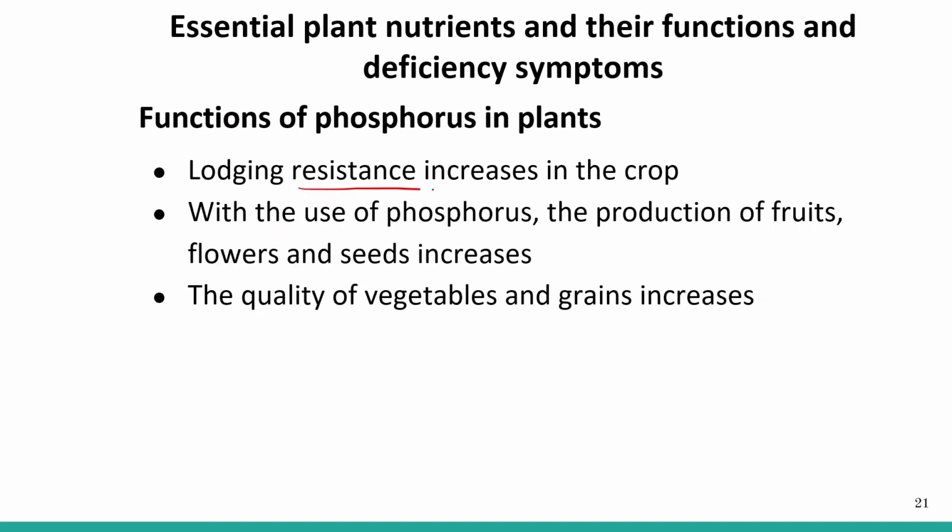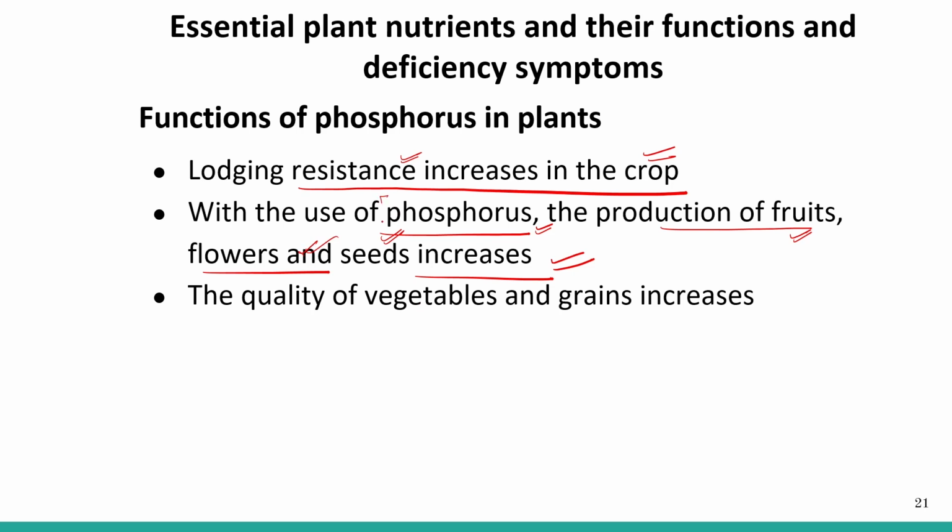Lodging resistance increases in the crop. So it also gives lodging resistance if an adequate amount of phosphorus is present in the plants. With the use of phosphorus, the production of fruits, flowers and seeds increases. So this is also important for the growth and yield of the plants. If phosphorus is present in proper amount, then there will be good production of fruit, flowers and ultimately seeds.